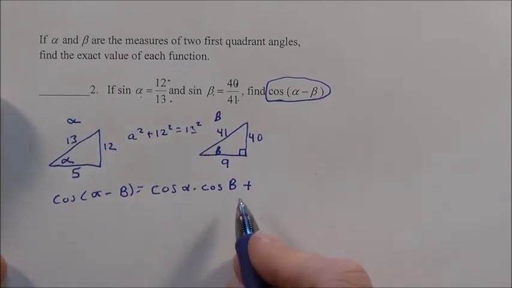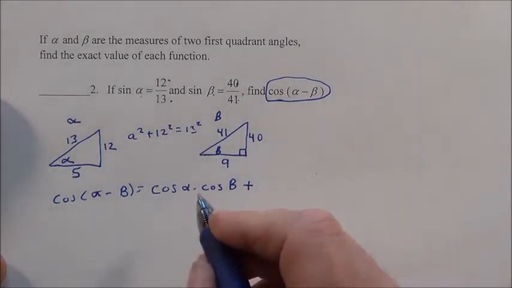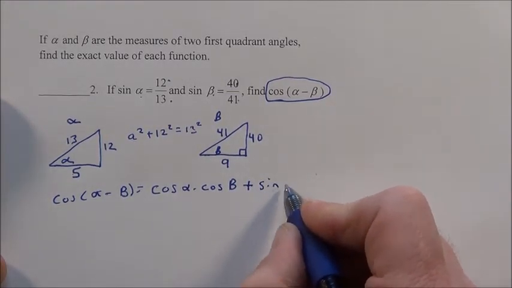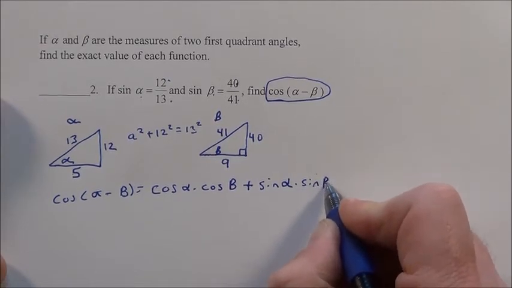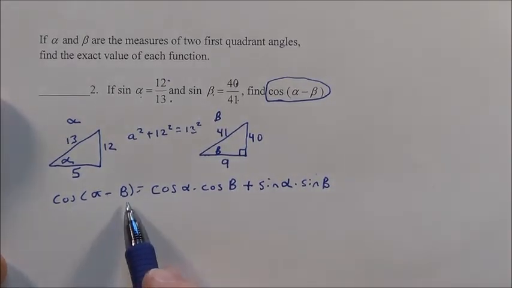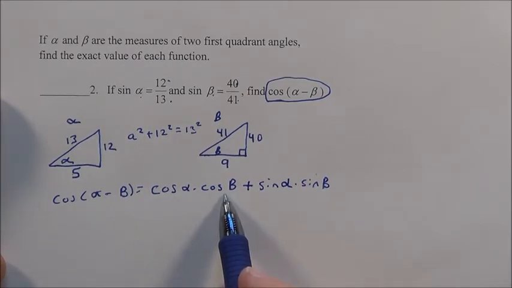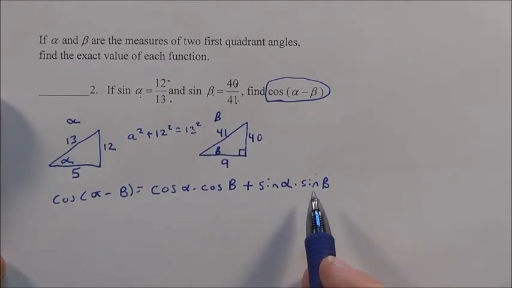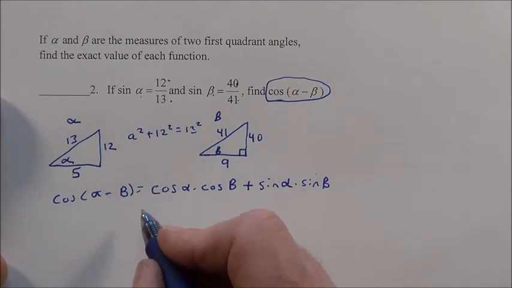If it had been sine, it would have stayed the same symbol there. It says now do sine of alpha times sine of beta. I always love cosine because it's super easy. It's the cosine of the one angle times the cosine of the other plus sine of alpha times sine of beta. Could be subtraction if that had been addition.